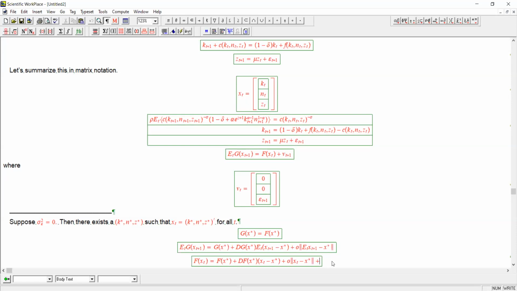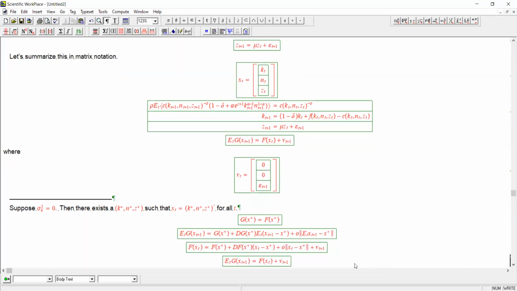Plus, of course, the random vt plus 1. Next, remember, these two are actually equal. So let's put them together here and set them equal to each other.